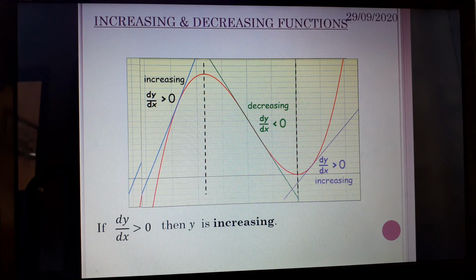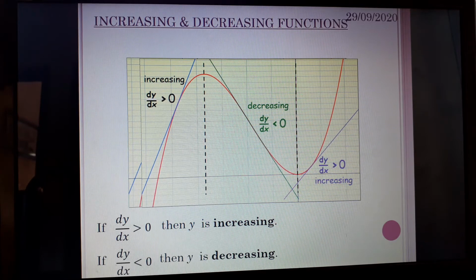If we work out that dy by dx is greater than 0, then that means the graph, which is what y is equal to, is increasing. If we're told the function is increasing, then we would be able to say that dy by dx should be greater than 0. Remember, because dy by dx is the same as the gradient.